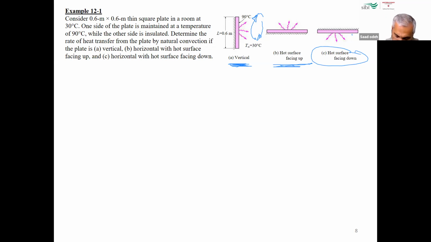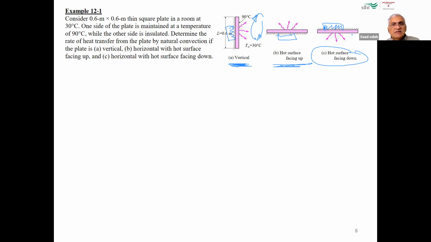So if, for example, I put the electric component somewhere here, or in this position, or should I put it here? This will depend on the value of the heat transfer rate I get.